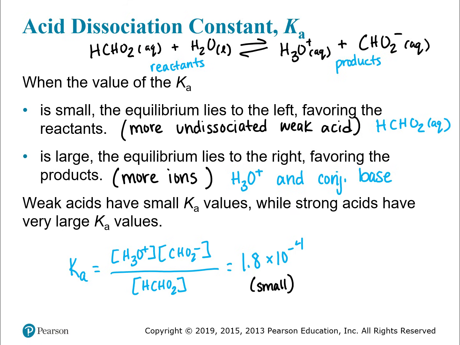Strong acids, ones that are considered to be strong electrolytes, have large Kas. So they're going to have more ions, and they're going to pretty much completely dissociate. You'll need to remember the relationship between Ka and whether or not the equilibrium lies to the left or the right, and what that means.